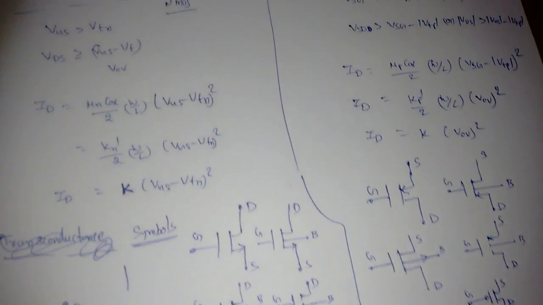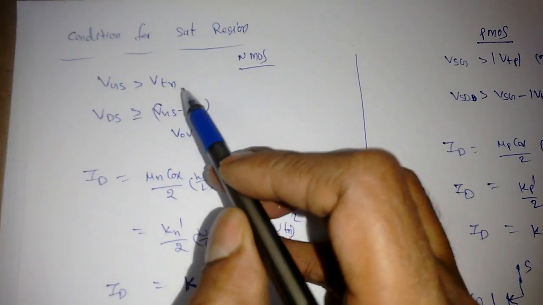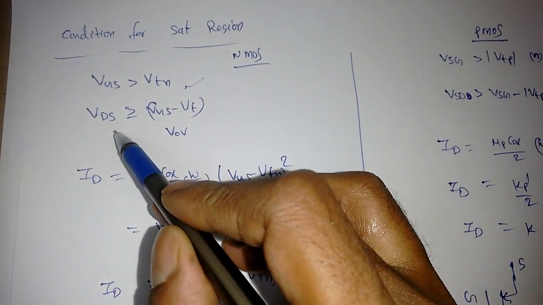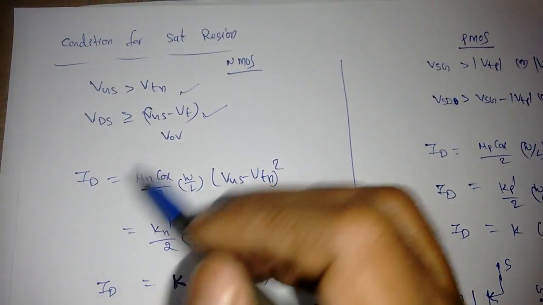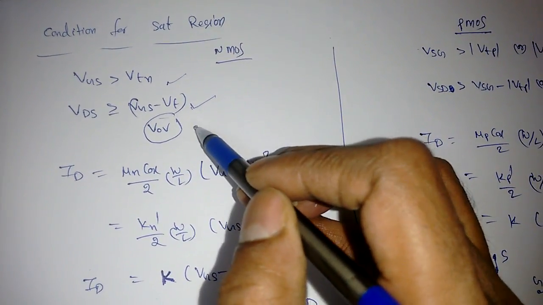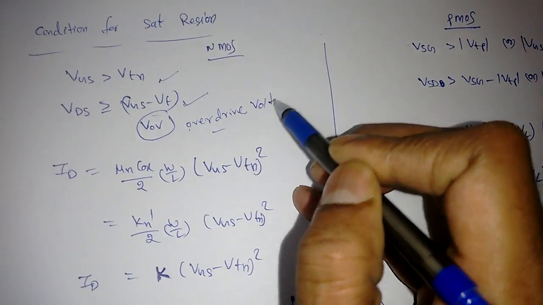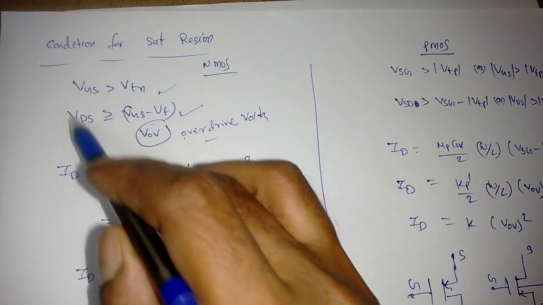Next we will see the conditions for the saturation region. For NMOS, VGS is greater than VTN is one condition, and VDS should be greater than or equal to VGS minus VT. This VGS minus VT we will call the overdrive voltage VOV. So the condition for saturation is these two conditions.